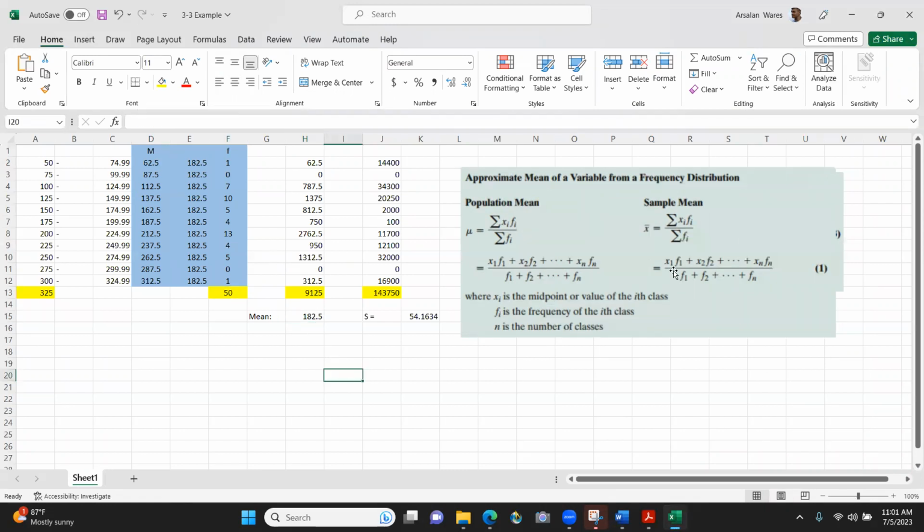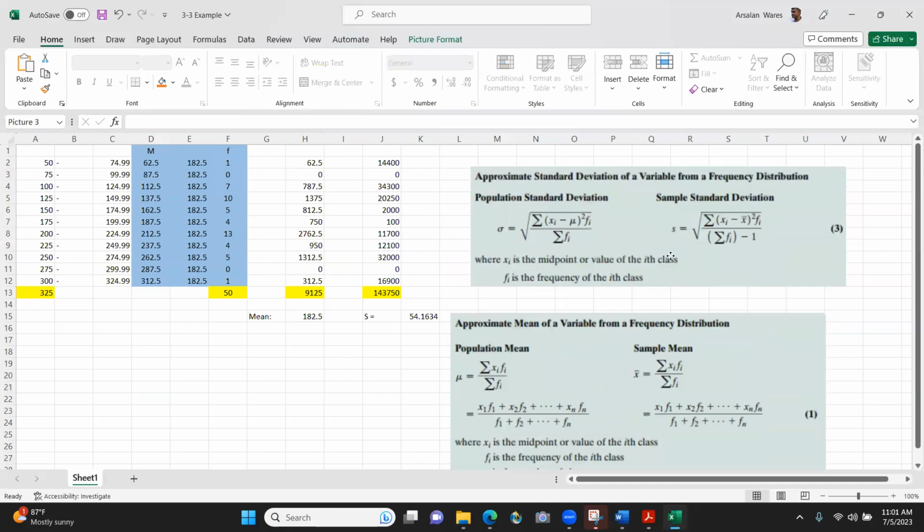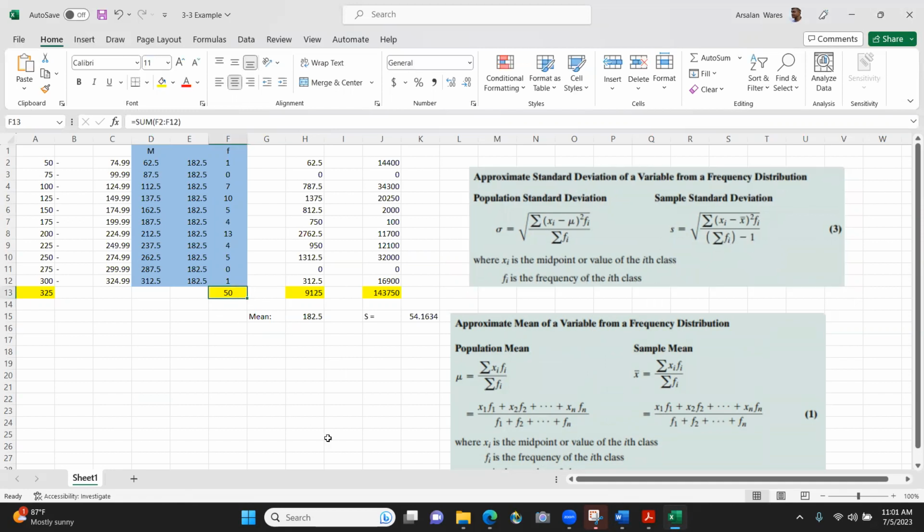Once you have the mean, you're going to use this formula. It clearly says if it says approximate, you're talking about sample standard deviation. If it says this is the population, you're going to go with this. Only difference is for sample, you have to subtract 1 from the sum of the frequencies. Once again, how do you do it? Once you have the mean, you take each midpoint, subtract the mean, square it, multiply it by the frequency.